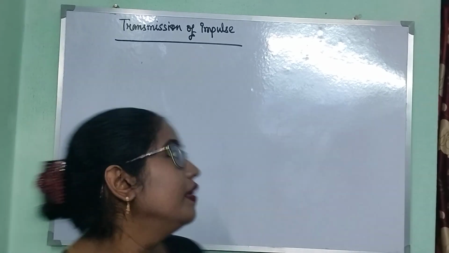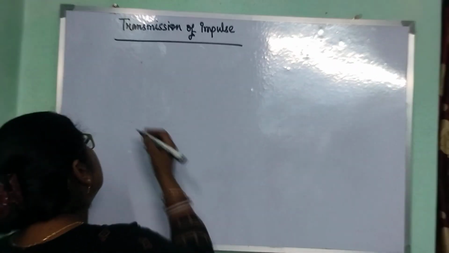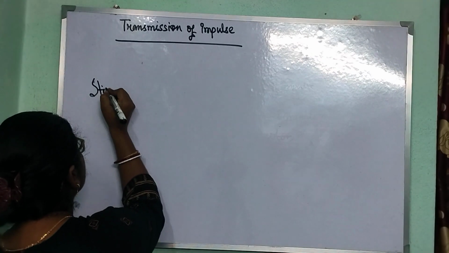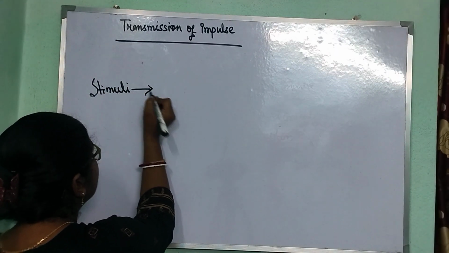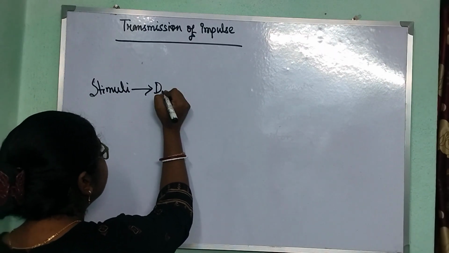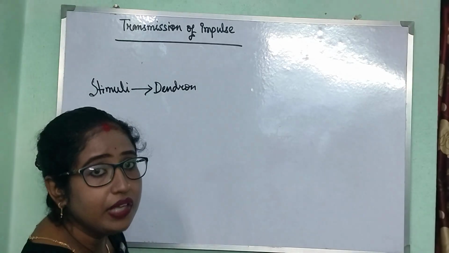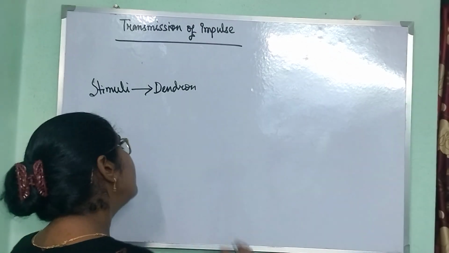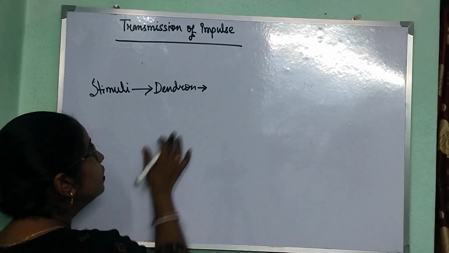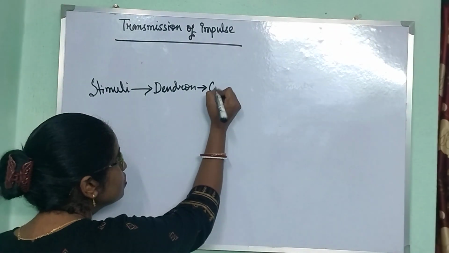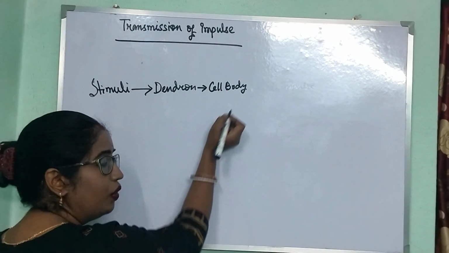So the basic pathway of the impulse transmission is this: the stimuli that are generated are received by the dendron present in the sense organ. Then the dendron passes these impulses to the cell body, or cyton, of a neuron.